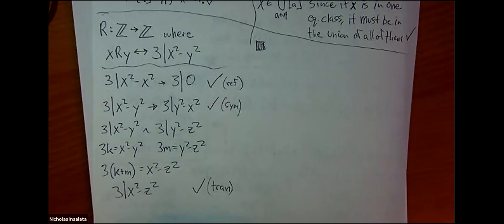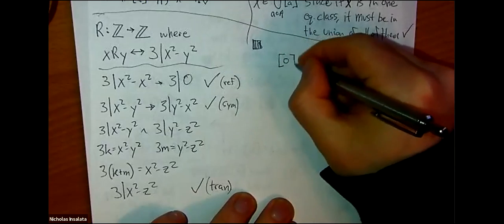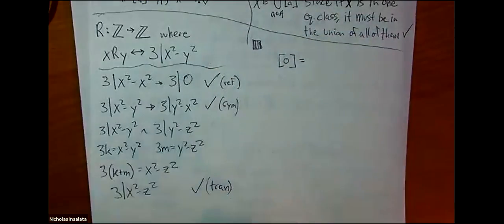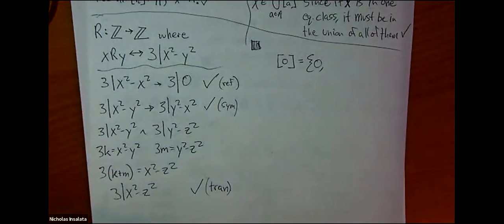So for example, let's start with 0. Who does 0 relate to? In other words, 0 is going to be in an equivalence class, and the question is, who else is in that class? So we'll start off with 0. Who else is in there?